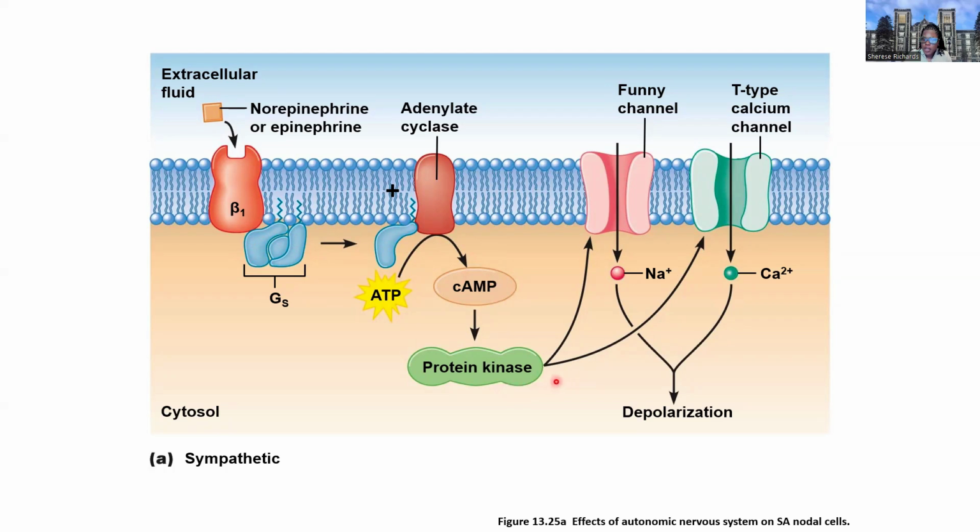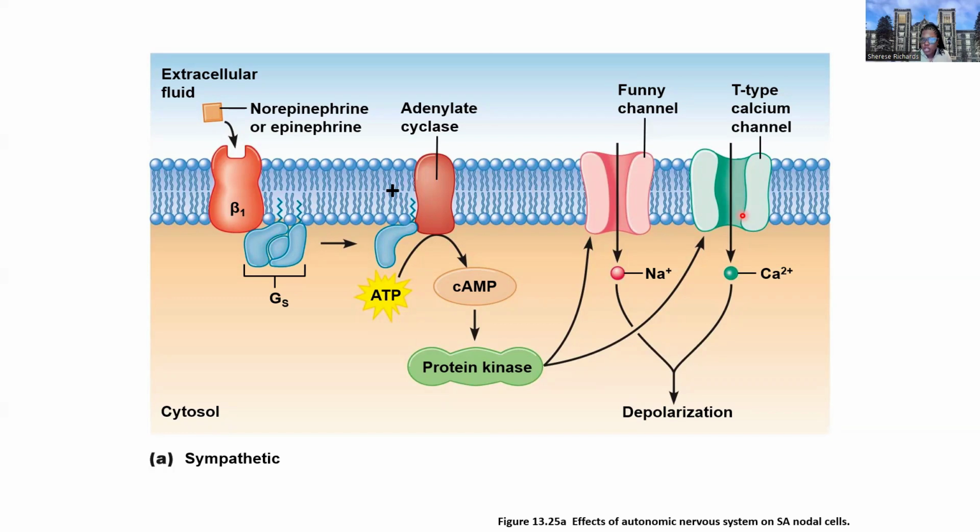And what that ultimately results in by way of protein kinase is opening up of funny channels, which we know are crucial to the ionic movement of the pacemaker cell, as well as opening up of T-type calcium channels, which are also crucial in getting us to the depolarization, right?